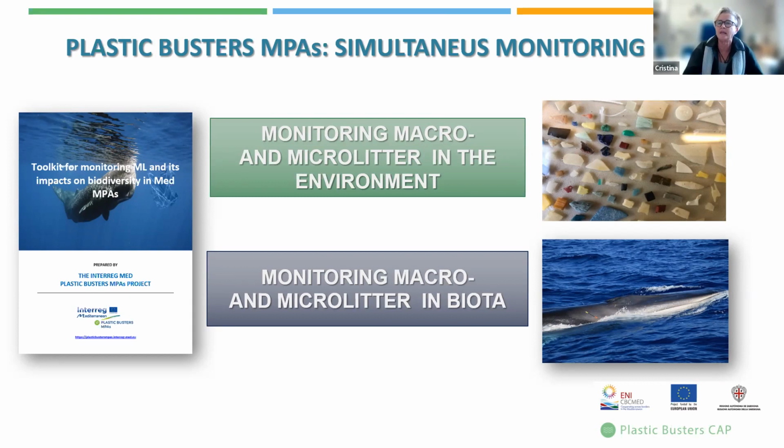As you have seen in the previous presentation, in the projects that we have run until now, we are simultaneously monitoring macro and microlitter in the environment, and we try to define the potential impact on species. That is particularly important because it allows us to identify hotspot areas for biodiversity in the Mediterranean Sea, and even to identify the species most exposed to toxicological risk.